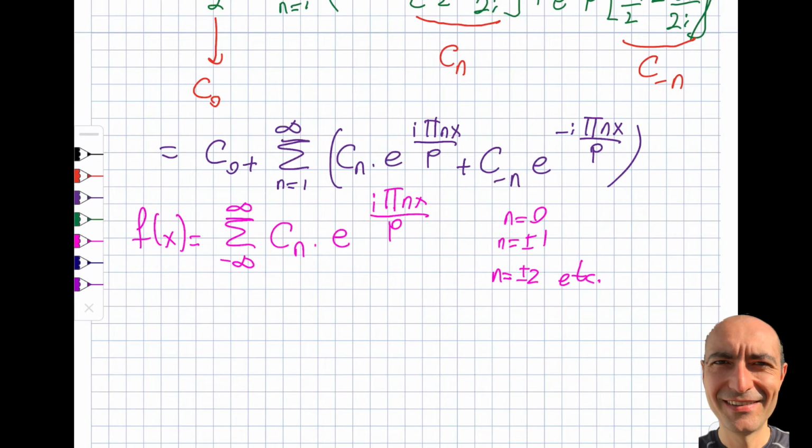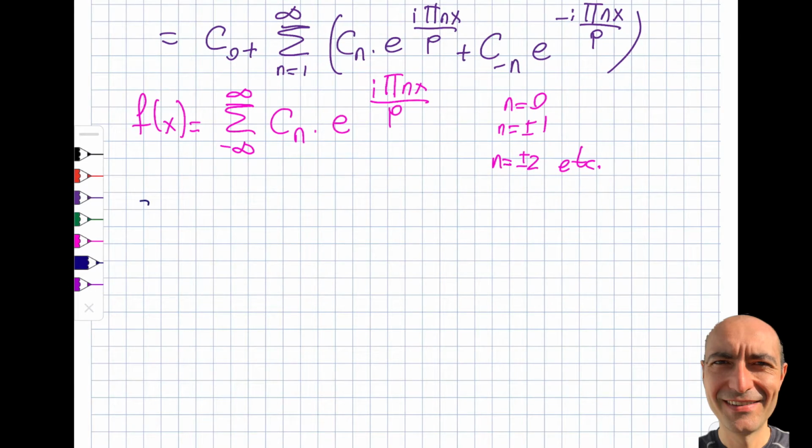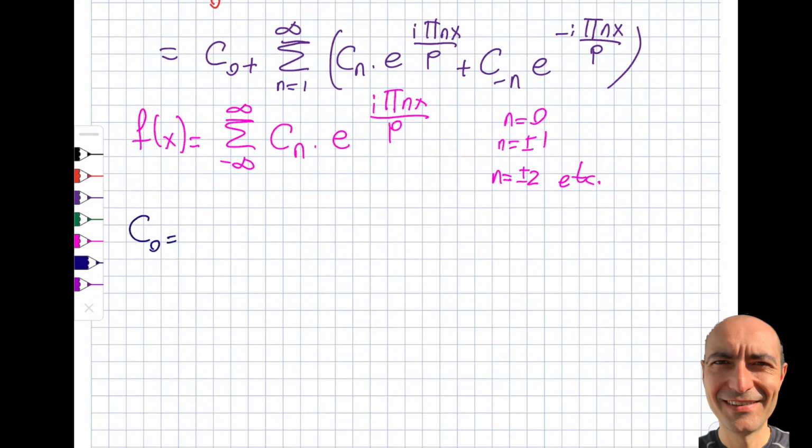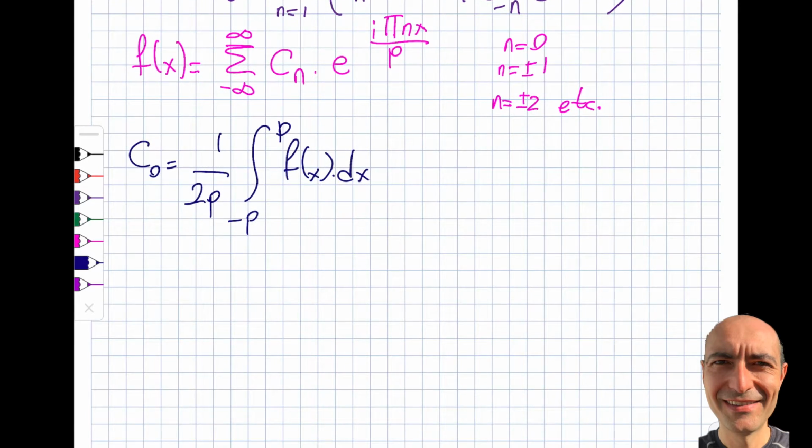Because I didn't really do anything about it, right? So let me go have a stab at it and see where I end up, okay? I will still go ahead and use the fundamental definition that we have established. For the C0, be careful that this is A0 by 2. That's what I called it, okay? So that's going to be 1 by 2p, integral from minus p to p, f of x dx, that was what it is, okay? On the other hand, I can have the Cn this way, 1 by 2.